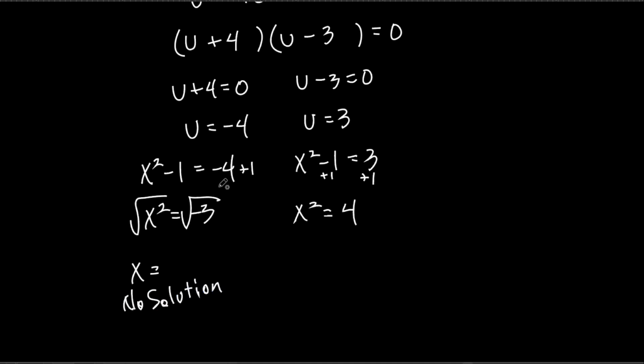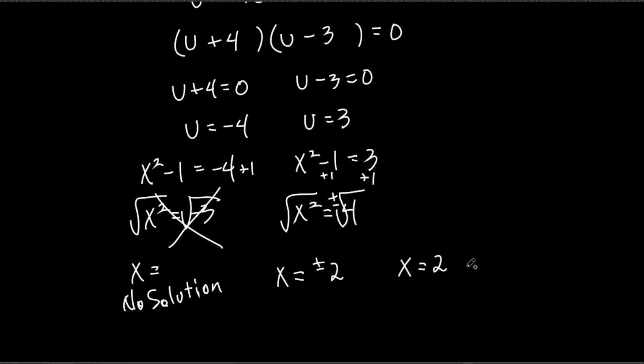So this doesn't work. So forget about that part of it. All right, let's come over here and see if we can do something here. Square root, square root. Don't forget the plus or minus in front, right? So x equals plus or minus the square root of 4, plus or minus what? 2.